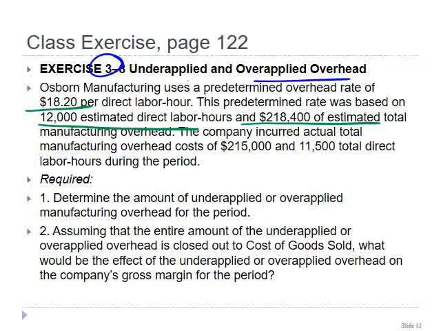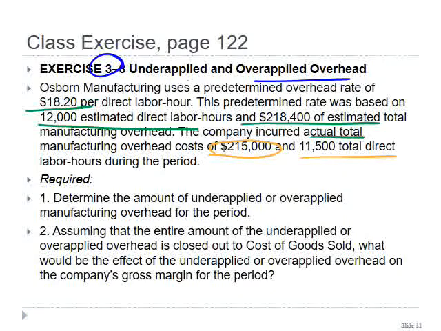The company incurred actual overhead of 215,000 and a total of 11,500 direct labor hours, right? So we need to find out whether the amount of under-applied or over-applied manufacturing overhead for the period.